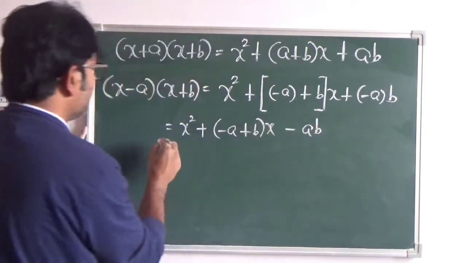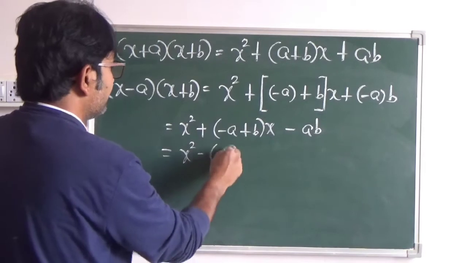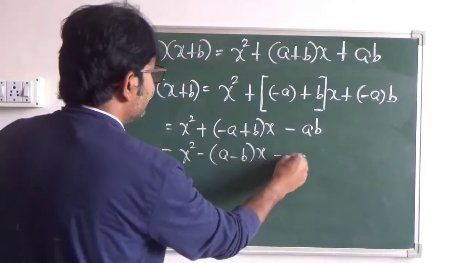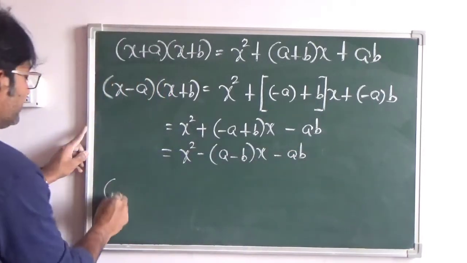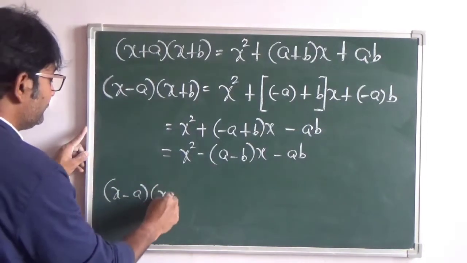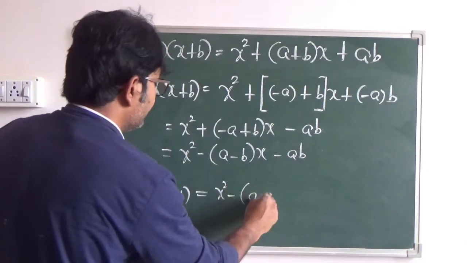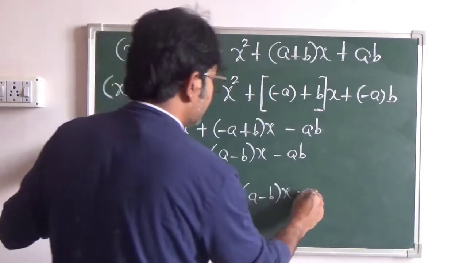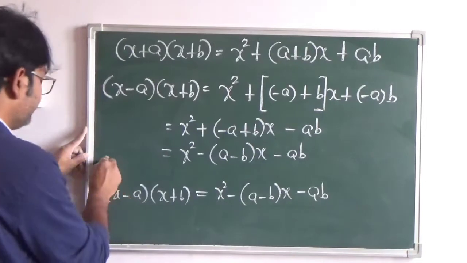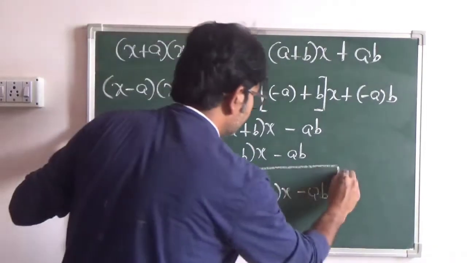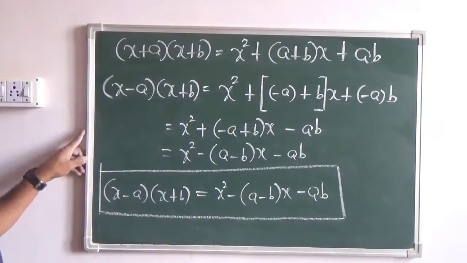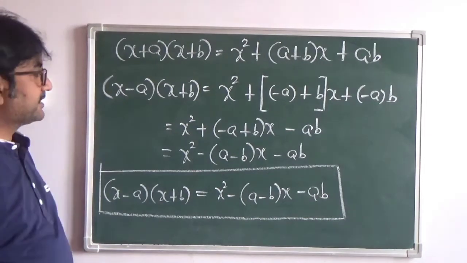So you take minus common, so x square minus (a - b) into x minus ab. So what we have, (x - a) into (x + b) equals x square minus (a - b) into x minus ab. So this is the one in the third case.